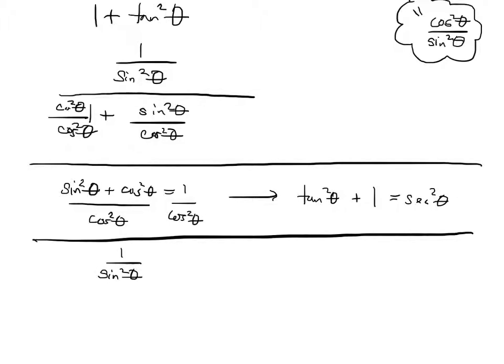The numerator is still 1 over sine squared theta, and the bottom is 1 over cosine squared theta, because cosine squared plus sine squared is 1.